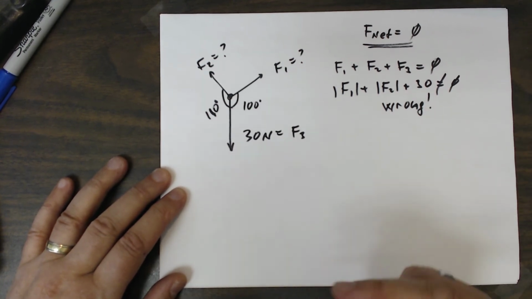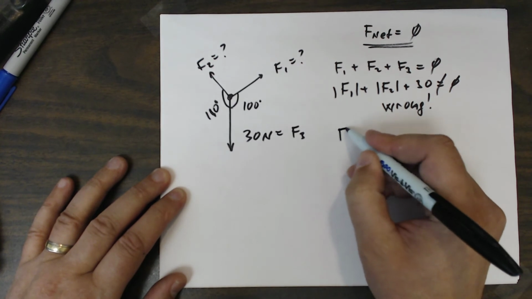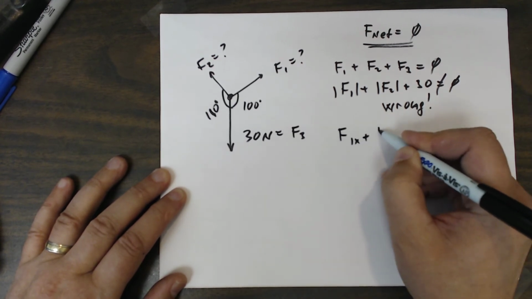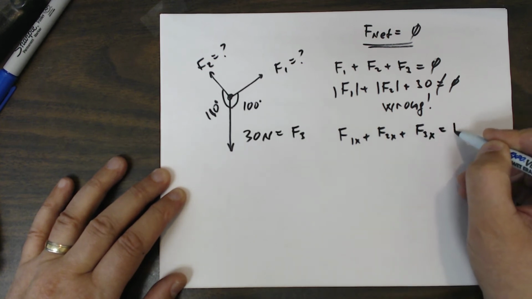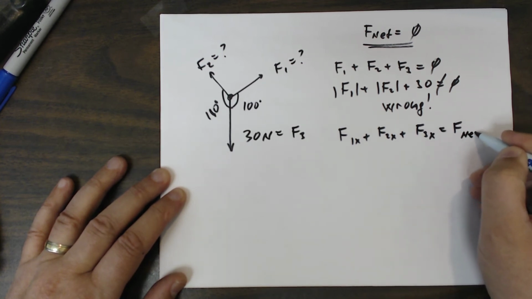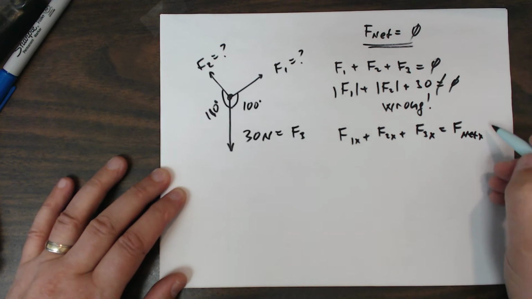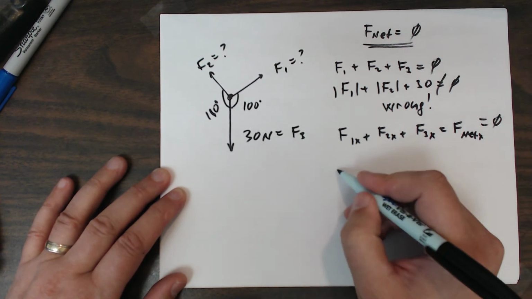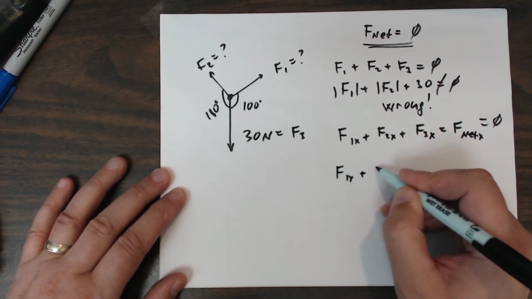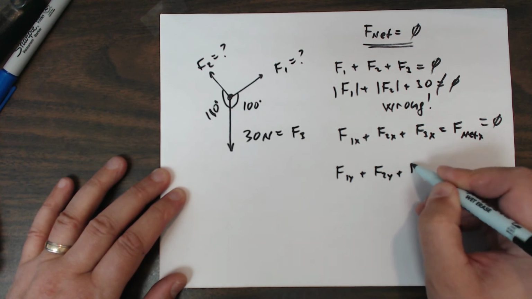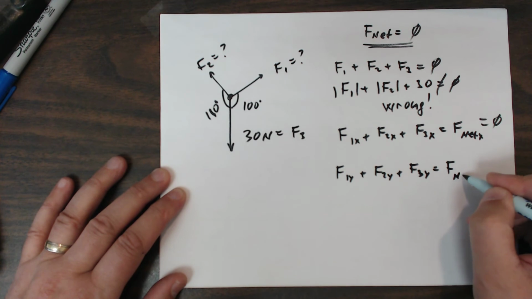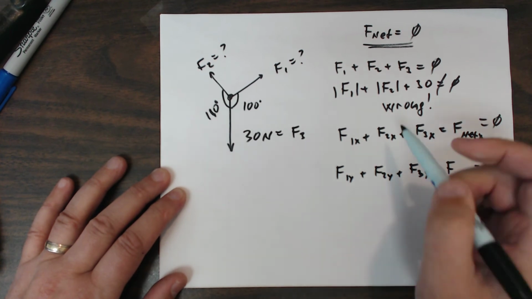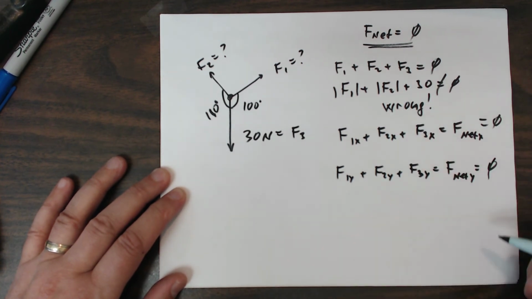What we know now is that if we add x components, we should have the x component of the net force, and since the whole force is 0, that has to be equal to 0. And if we add y components, that should be equal to the y component of the net force, and because the whole force is 0, the component also has to be equal to 0.